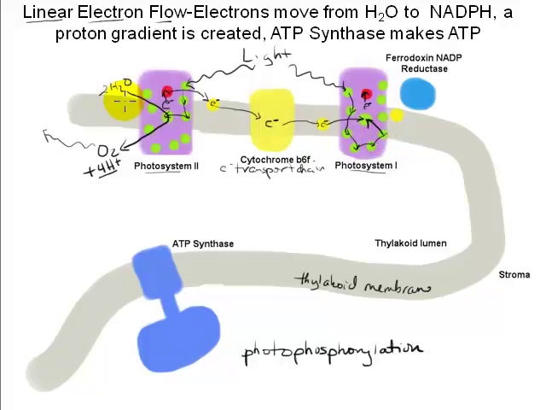In linear electron flow, the electrons lost by the reaction center chlorophyll of photosystem 1 are passed to the primary electron acceptor, then to a mobile electron carrier, a protein called ferredoxin, and from there, the enzyme ferredoxin NADP reductase oxidizes the ferredoxin and transfers the electrons to NADP, forming NADPH.